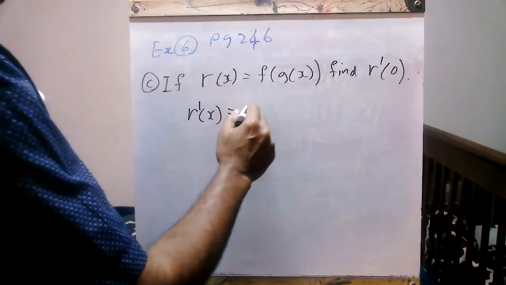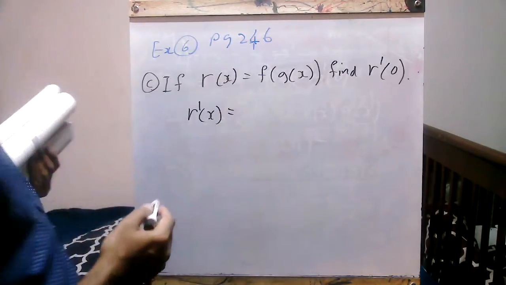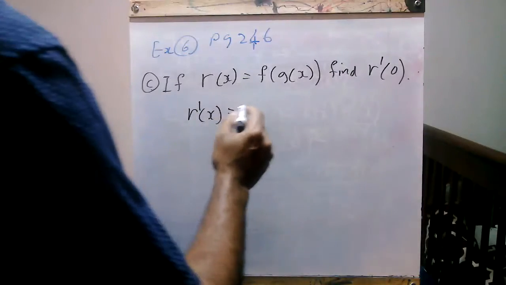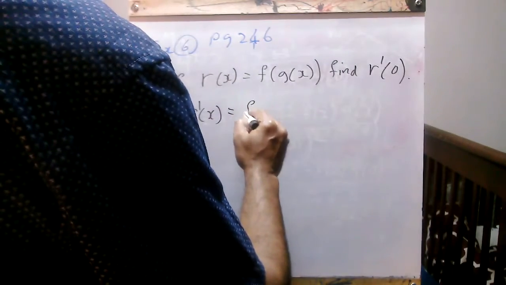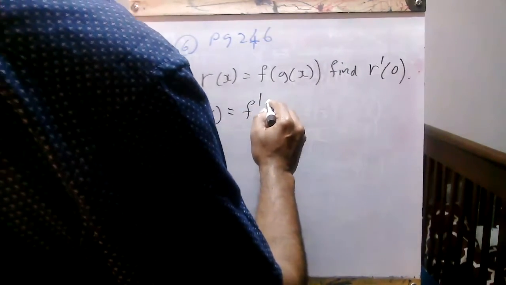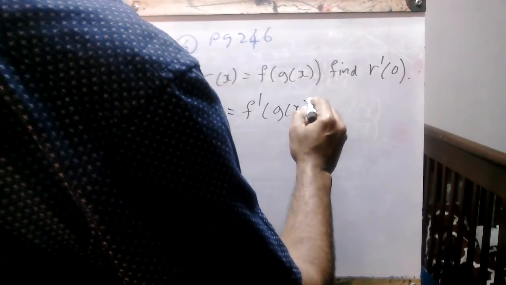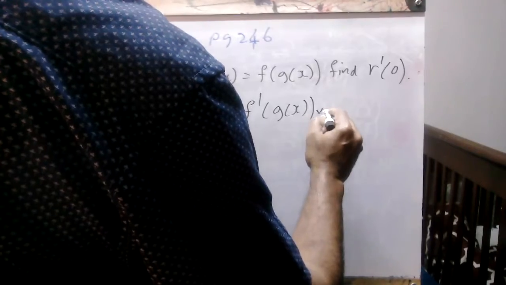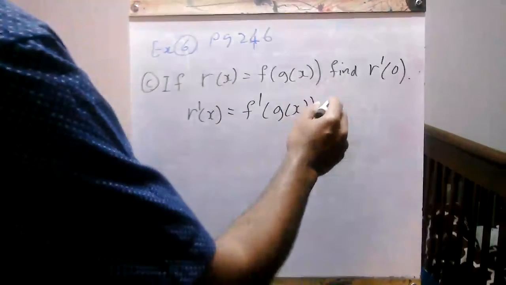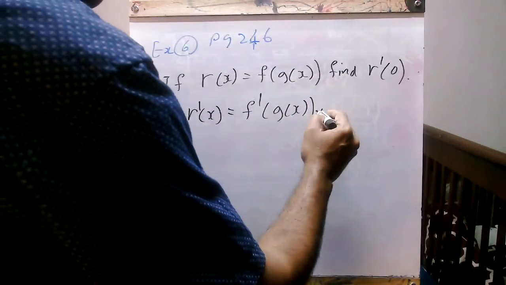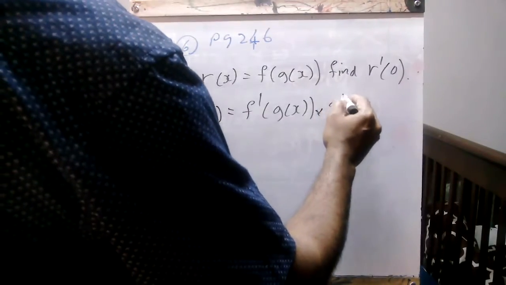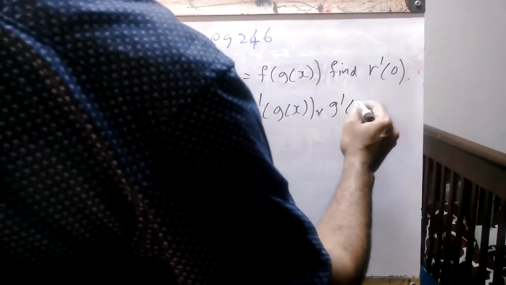For composite functions, we have to use the chain rule. It is f' of g of x, multiplied by the derivative of g with respect to x, which is g'(x).